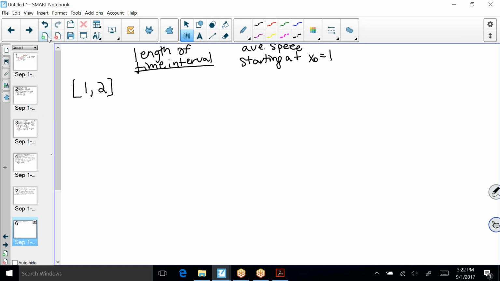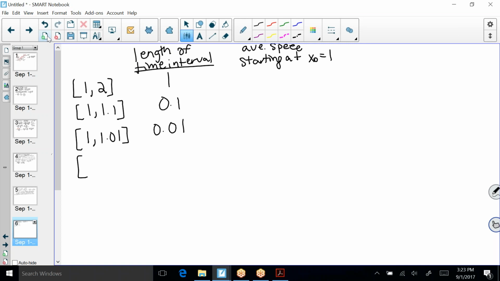So in this one, the length of our time interval is going to be 1. And then we're going to make these intervals shorter and shorter. So let's start at 1 again. But instead of that entire interval being 1, let's make it 0.1. So let's go from 1 to 1.1 and then see what happens. And now the length of our time interval is going to be 0.1. And then let's start at 1 again, and let's go to 1.01. So now the length of our time interval is 0.01.